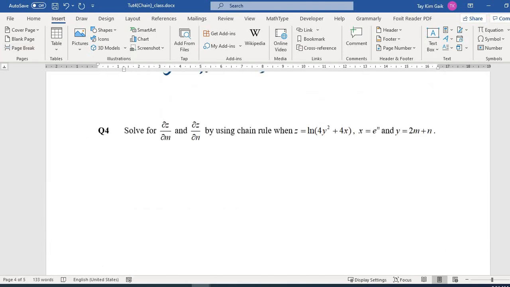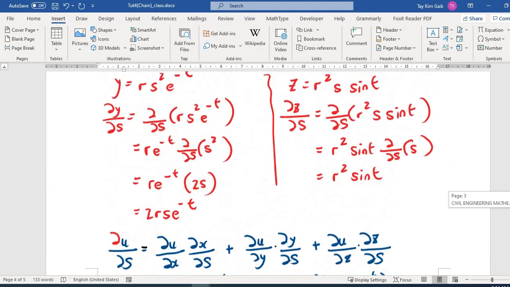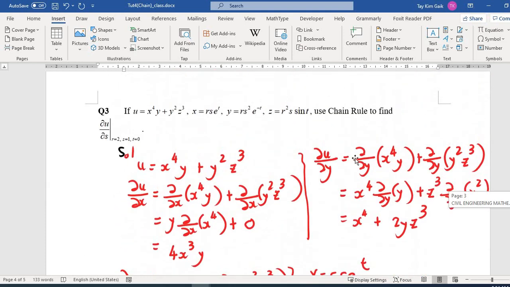Solve for del Z, del M and del Z, del N by using the chain rule. But just now, we answered the question already. Later on, you have a question that actually wants the value of del U, del S when R is 2, S is 1, T is 0.